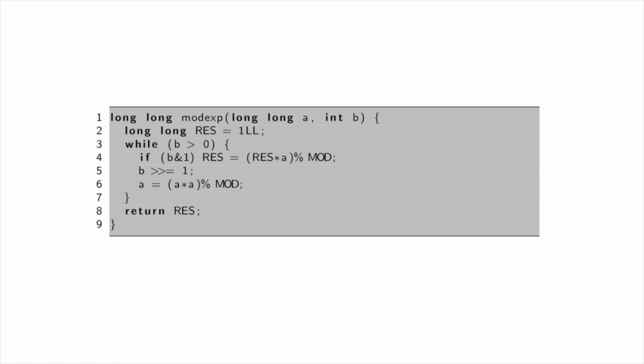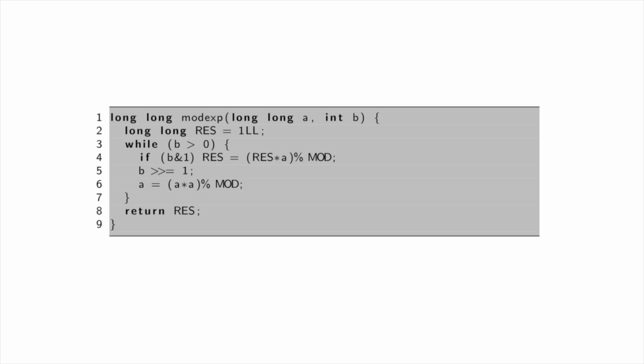In code, what we have to do is we go through the last digit of b. If it is non-zero, we update our result by multiplying by a. Then we divide b by 2, which shifts all its bits one position to the right, and we update a to a square, so that the next time we will use a square instead of a, and this way we construct a to the 2 to the i.